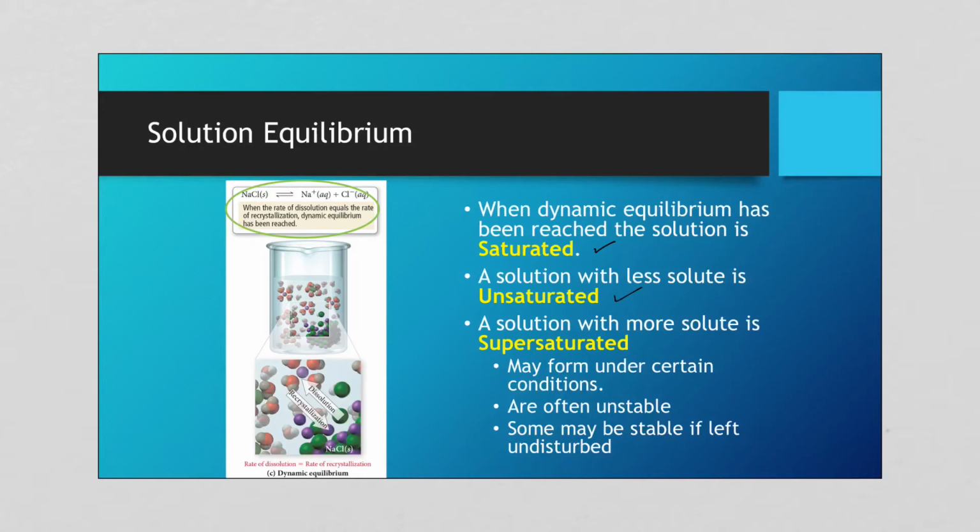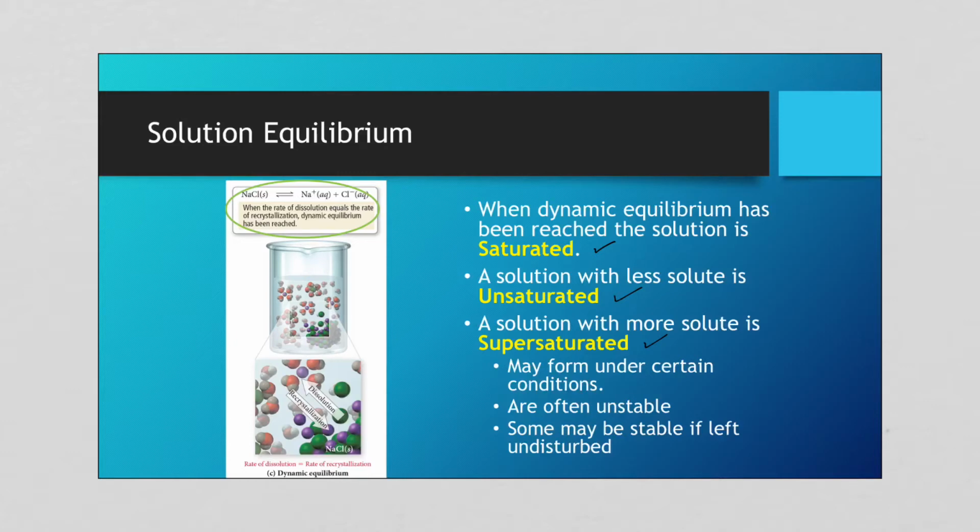Now, a situation where you have more dissolved than what should be able to dissolve under a given set of conditions, that situation is referred to as supersaturated, and we'll talk about a scenario where that might be able to occur a little bit later. So this doesn't always occur, and it doesn't occur just under normal conditions, right? We have to do things a little special to make it happen.